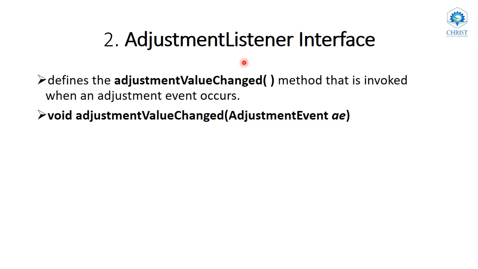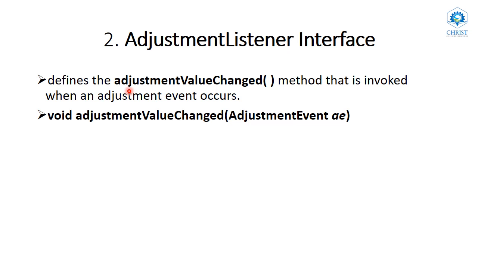We have to register this listener to the source on which we are planning to handle events. Suppose we are planning to handle events on a scroll bar. We have to register this listener to that scroll bar, because the scroll bar is the source where this event will be generated. So whenever an adjustment event occurs, this method will be called automatically.